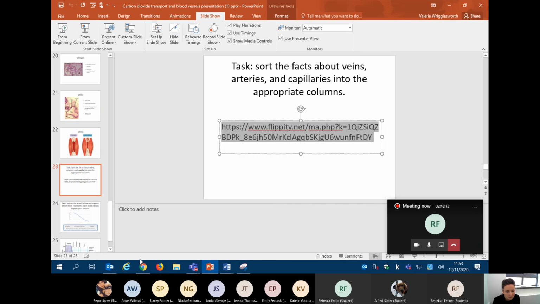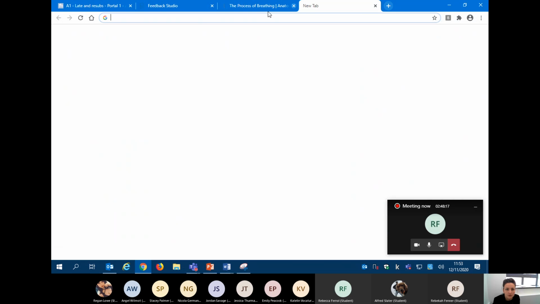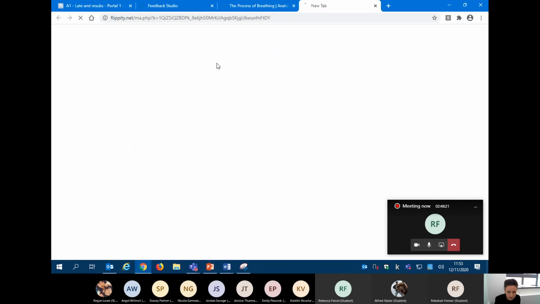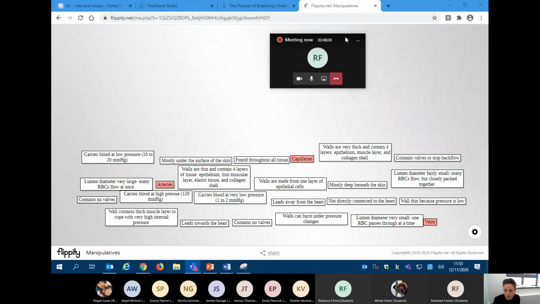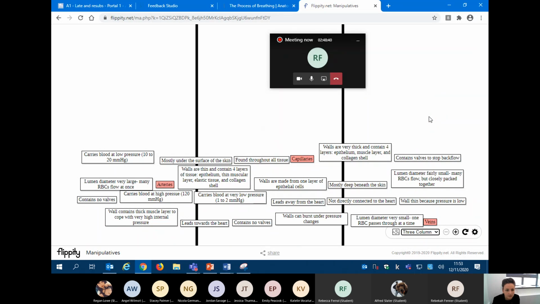So copy and paste. Essentially it's a sorting exercise, which I wanted to have a go at. So that's the view you should have. And then there should be a function which allows you to do 3 columns like this.